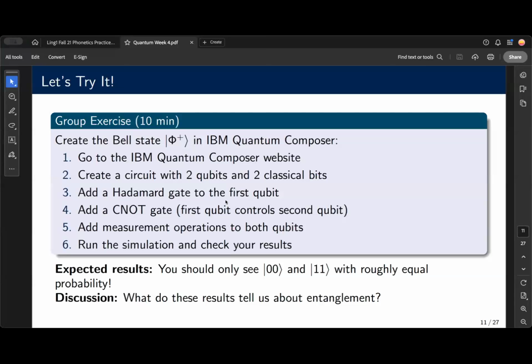Let's see. Is there any way to measure? Because it doesn't let me put the measurement on the first qubit after the second. I can only measure Q0. Yeah, I think because functionally they do the same thing, so it will automatically shift the order for you.